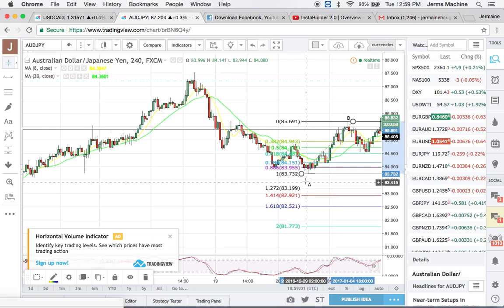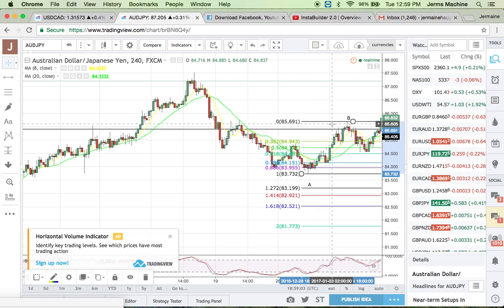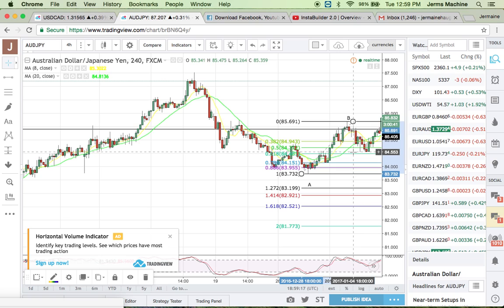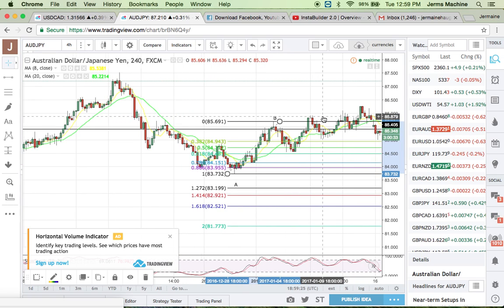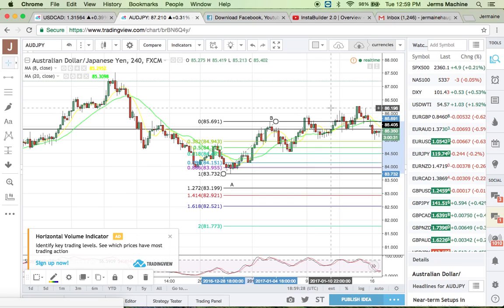So once you get a move from A to B and you figure, hey, this is the direction of the trend, when you see it's going to pull back, you pull your Fibonacci tool out, measure from A to B, and see which one of these levels it stops at. You can go ahead and let it bounce first. You can say, okay, it stopped on the 61.8 and it started going back up. I'm going to get in, and you should go higher than what B was, right? So we went higher than B, as you can see, right?